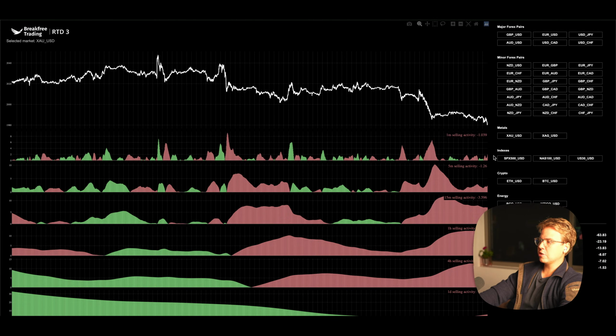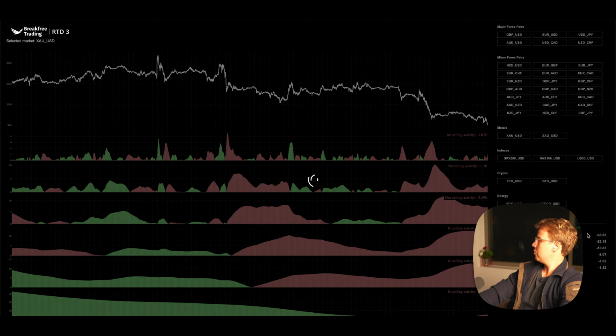It's perfect for selling. Sell in 1 minute, sell in 5 minutes, sell in 15 minutes, sell in 1 hour, sell in 4 hours, in 1 day. So it's a really good market to go short right now. And if you want something even more, you can go short silver.